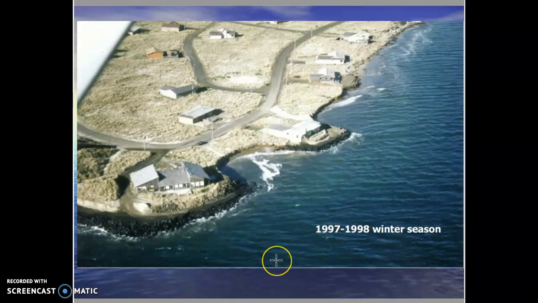This is one of my favorite images that I took during that 97-98 winter season. This is zoomed in to the sand spit and those homes that were vulnerable. I may have shown you this photo before. I can't remember. I apologize.